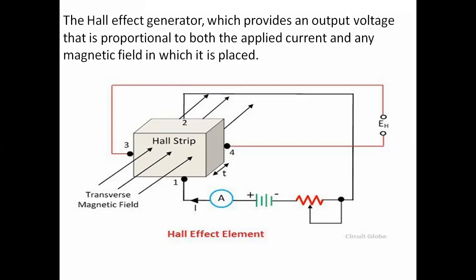The corresponding output voltage corresponds to how much displacement is applied to the Hall strip. Like this we have the Hall effect transducer.